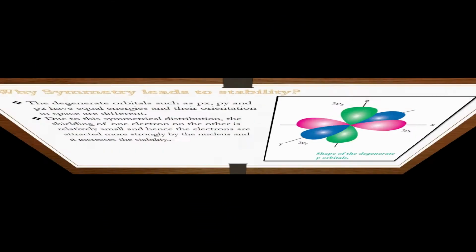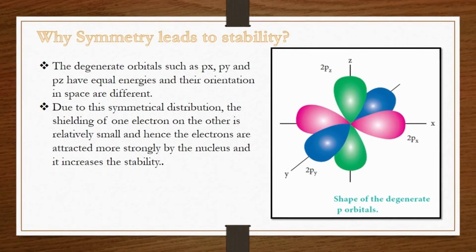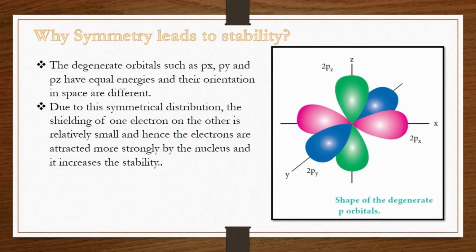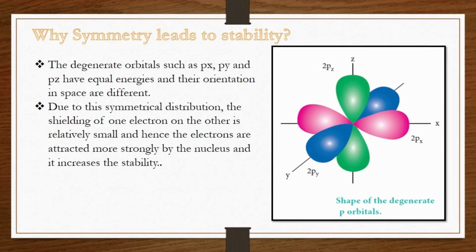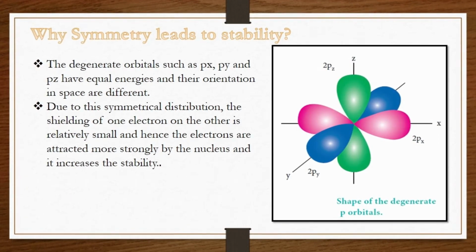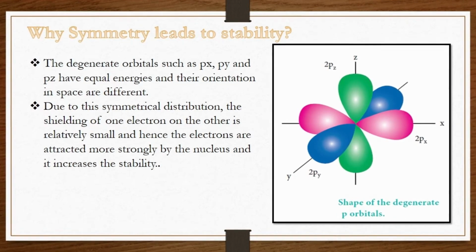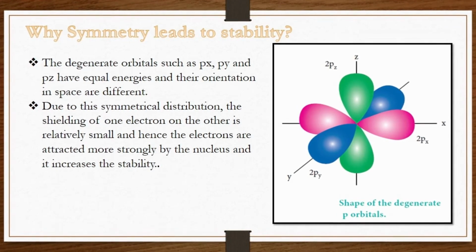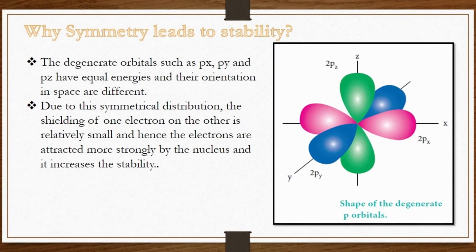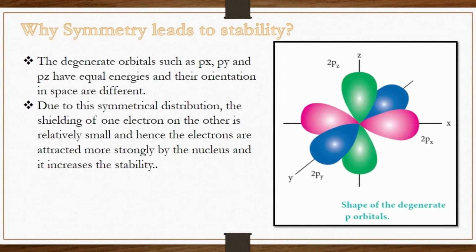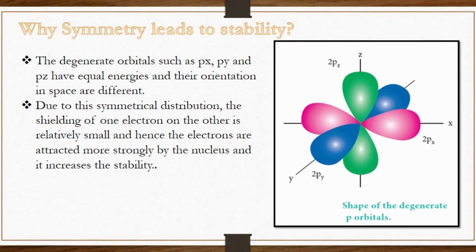Now let's see how symmetry leads to stability. In the half-filled and fully filled configuration, the shielding of the electrons is very less, and thus they are strongly attracted towards the nucleus, and the atom becomes more stable in the case of half-filled and fully filled orbitals.